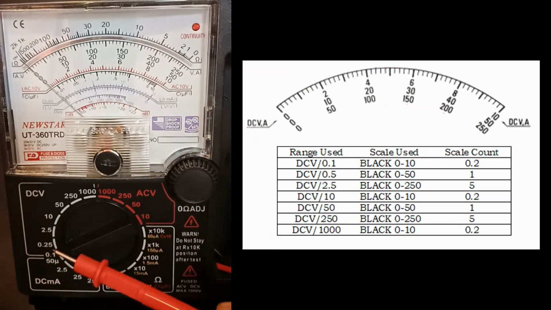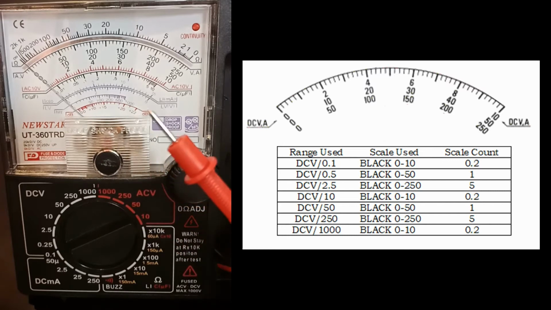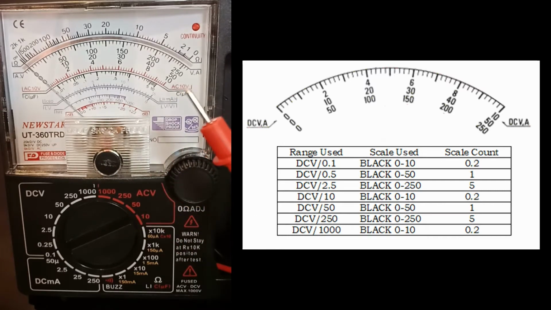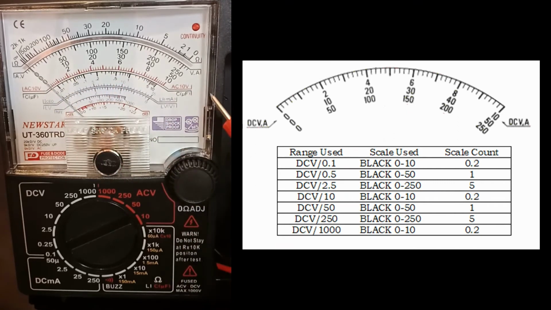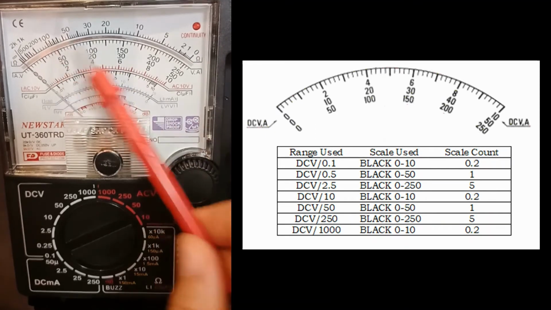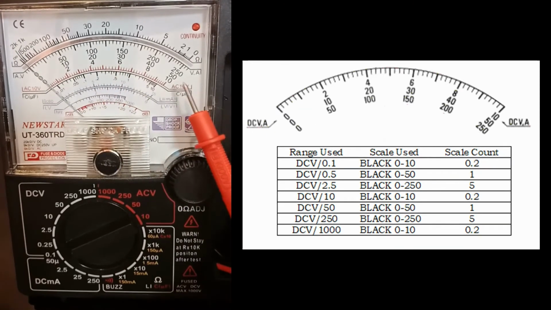So for example, we set the range to 0.1. At 0.1, we are going to read the scale of 0 to 10, the black scale.